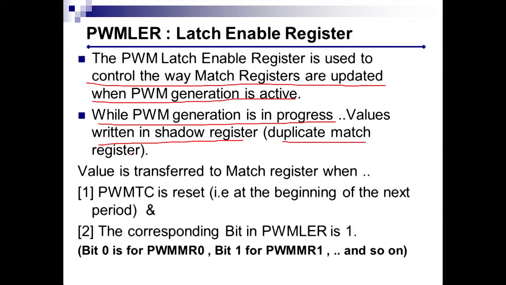That means duplicate match registers are there. So every time, whatever values are there in a match register will be duplicated. The value is transferred to the match register whenever PWM TC is reset at the beginning of the next period, if the corresponding bit in PWM LER is 1.